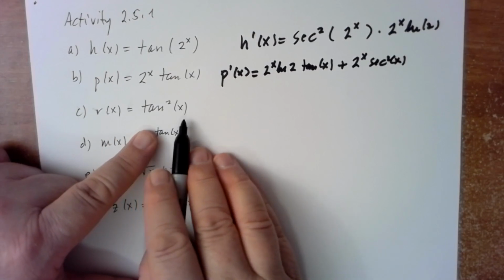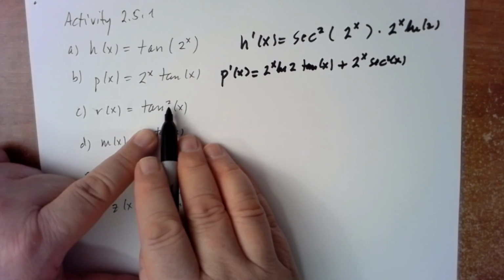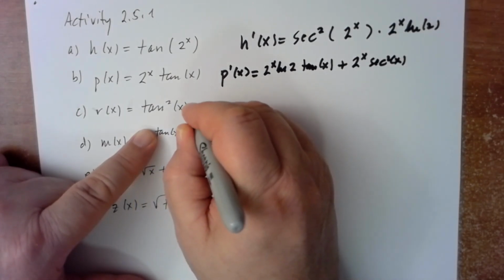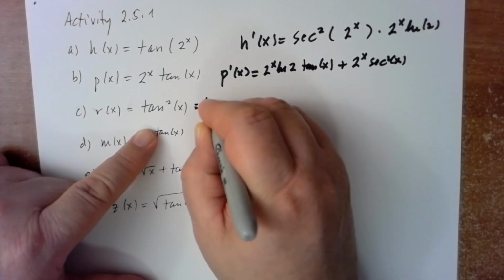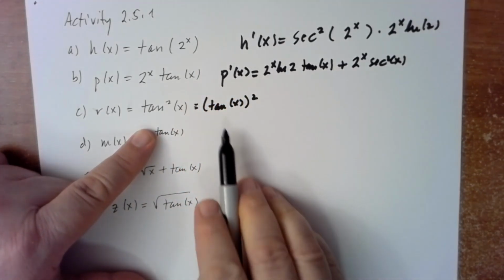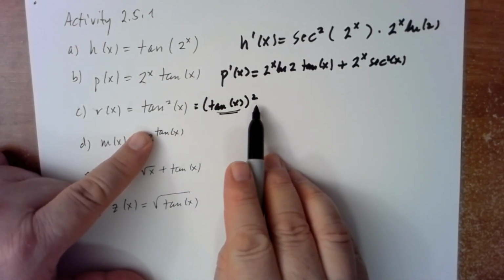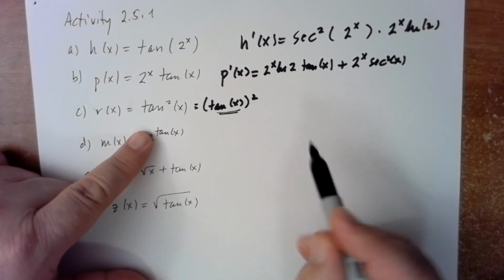How about tangent squared x? Well, as a hint, remember what that 2 represents right there. This is actually tangent quantity squared, and so this is easier to see. The tangent function is your inside function, and then the square function is the outside function.